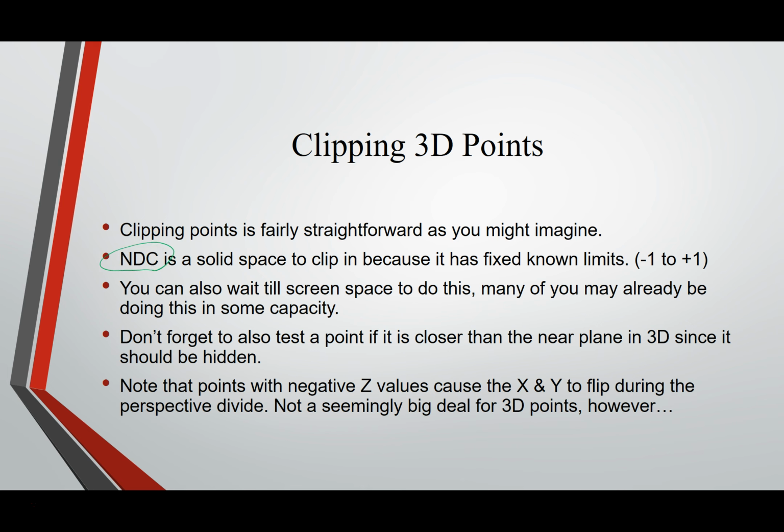Remember, this is our range of -1 to +1, +1 to -1, 0, 0 being in the center. Very nice to clip in because these limits are fixed and they're known regardless what the resolution might be. So NDC is a good space to do clipping in. There are some caveats to that, as you'll see, but overall it's a solid space.